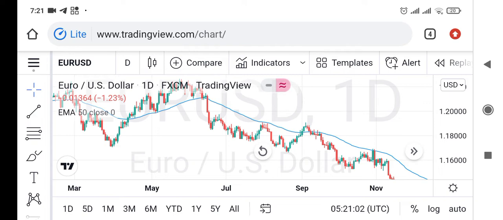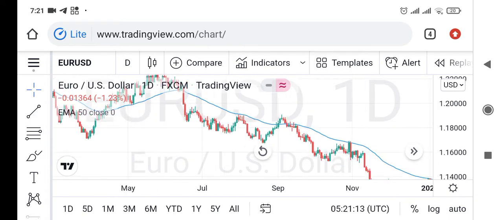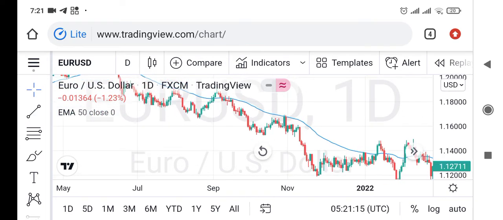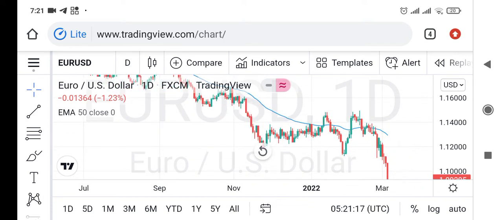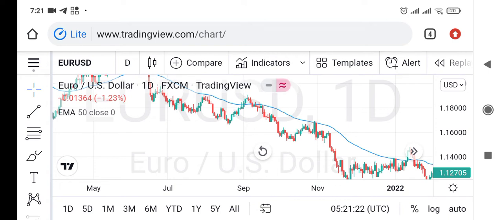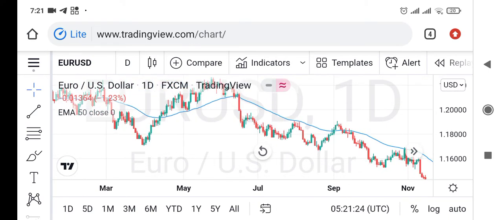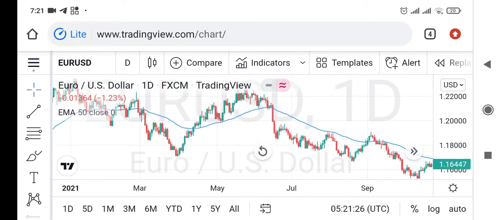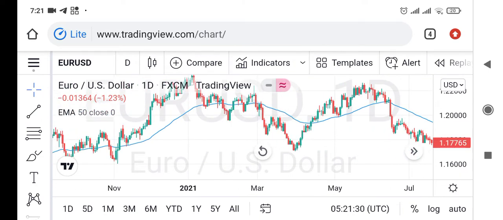If it's a 50 EMA, it means it is taking the average of the closing price of the last 50 candlesticks, and it is displayed in a line or in a curve, as you can see this blue curve. Ne? But the main objective of this moving average ke ho offer this line in a way where perhaps you can be able to identify the trend of the market.